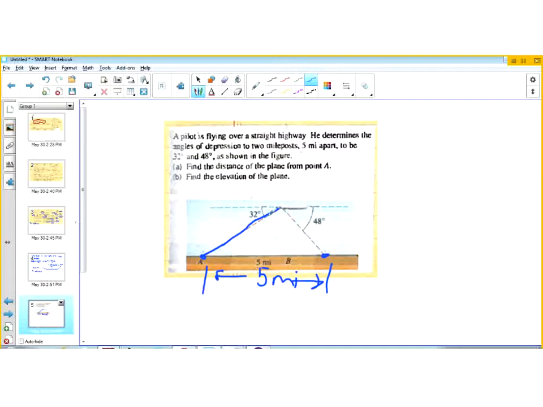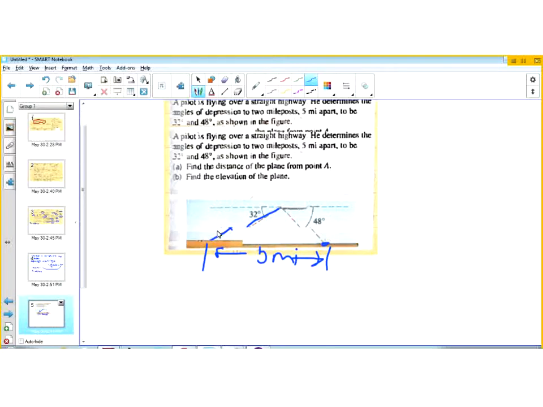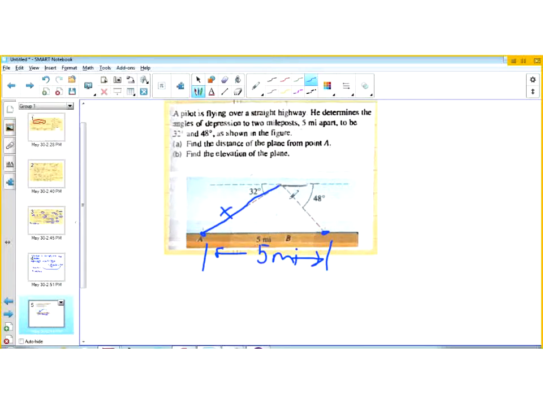So let's let x be the distance from the plane to point A. So we'll call the length of this side x. Now we can also find the measure of this angle.